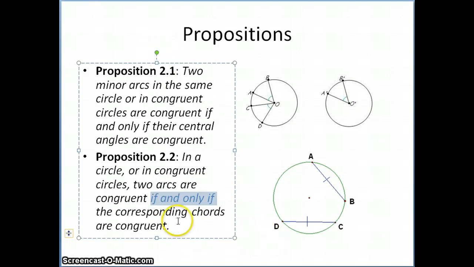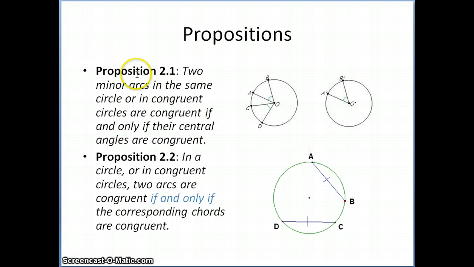For example, if we know arc AB and arc CD are congruent, then by proposition 2.1, their corresponding central angles, if I use O to denote the center in the picture, the central angle AOB will be congruent to the central angle COD.